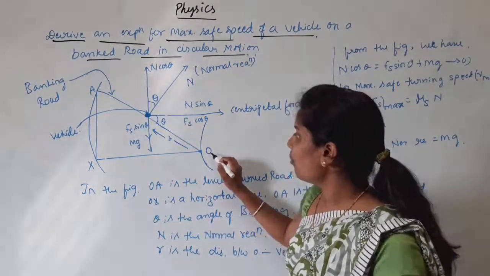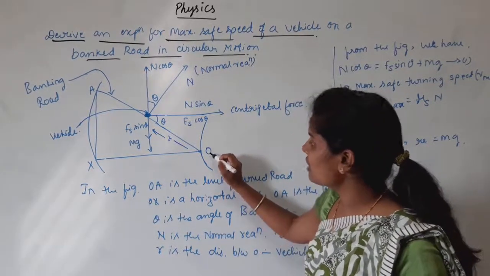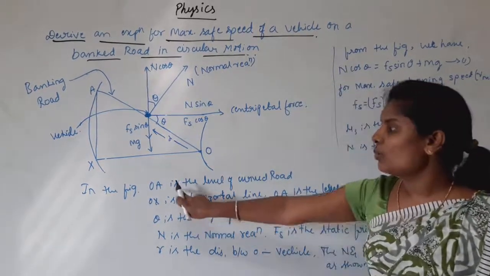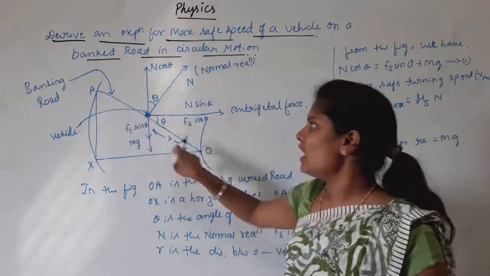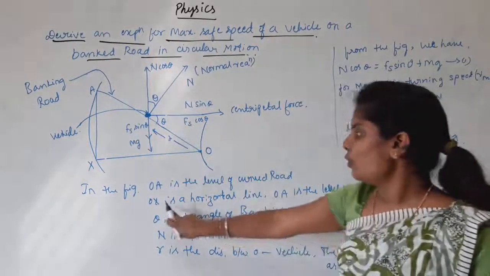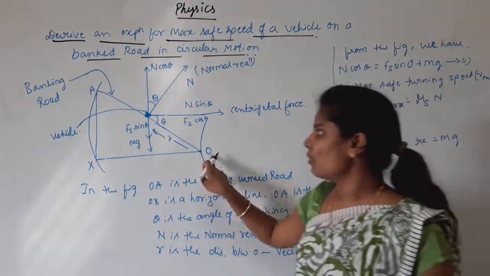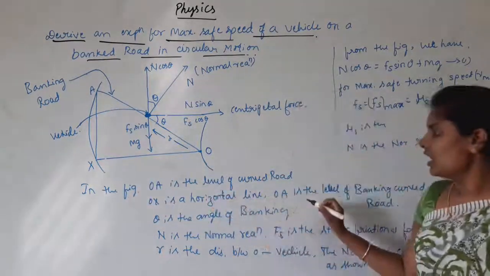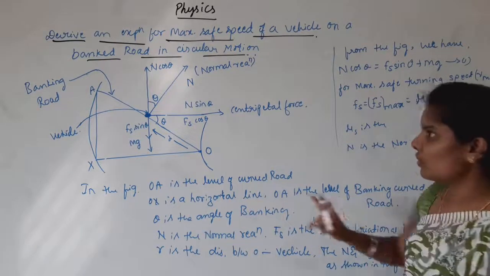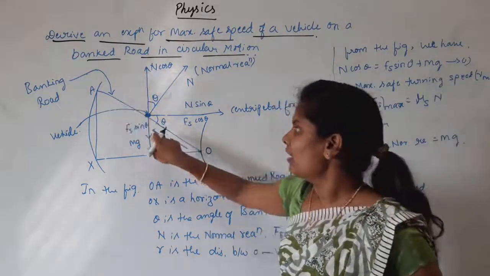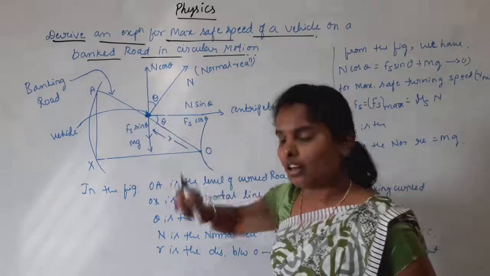The center is O. OA is the level of the curved road and OX is the horizontal line. OA is the level of the banked curved road.